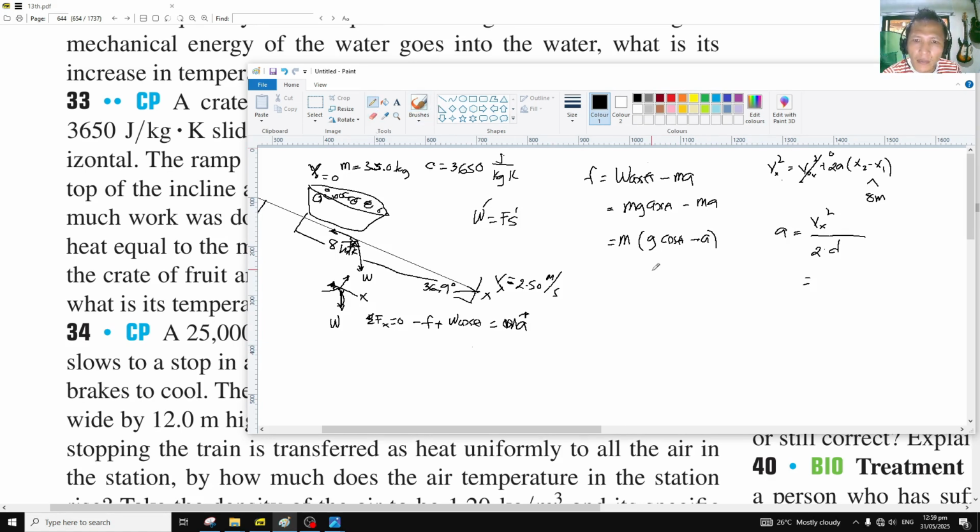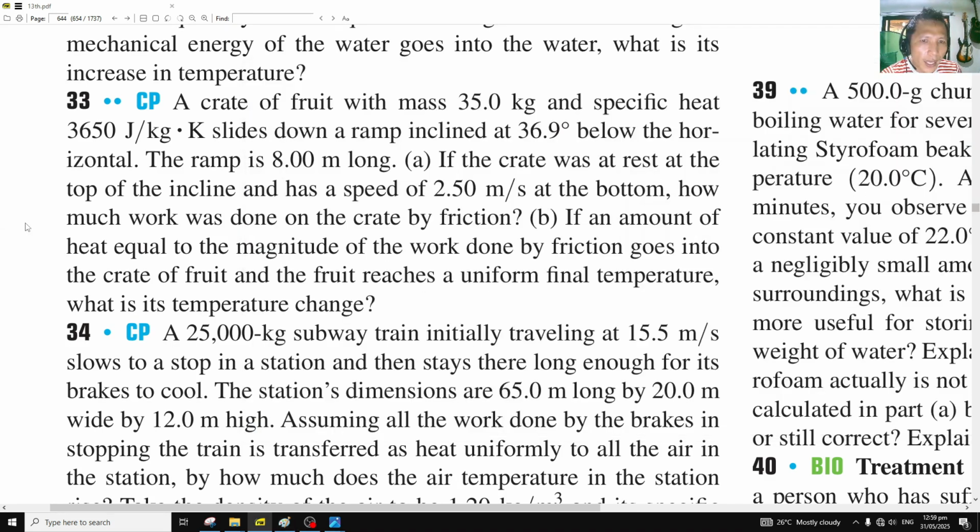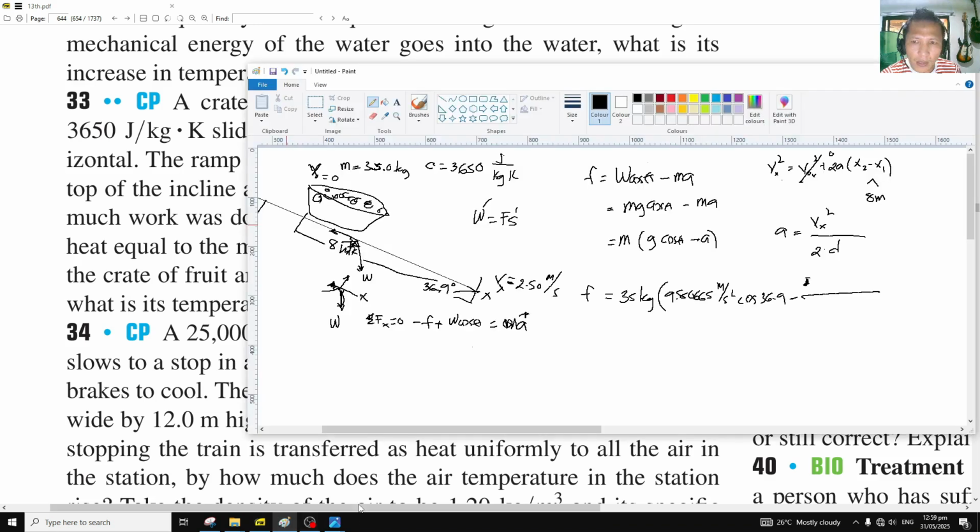So you would have a frictional force: mass of 35 kilograms multiplied by g, 9.80665 meters per second squared, multiplied by cosine 36.9, and then minus Vx, which is 2.50 meters per second, squared, over 2 times your distance of 8 meters.